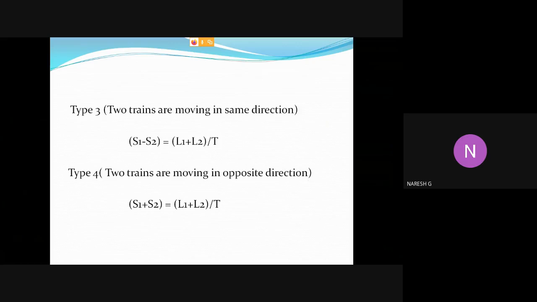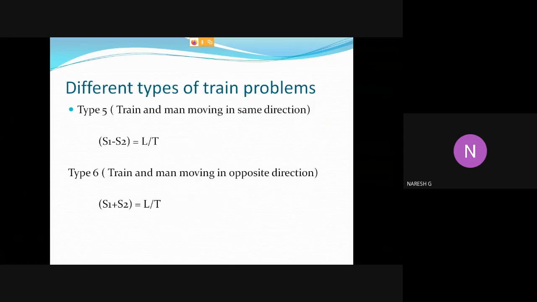Next, type 5: train and man moving in the same direction. Either two trains or train and man or train and car, whatever it may be, if two objects are moving in the same direction, relative speed is S1 minus S2 equal to, here only one train is there, and compared to the train length, the man's length is negligible.